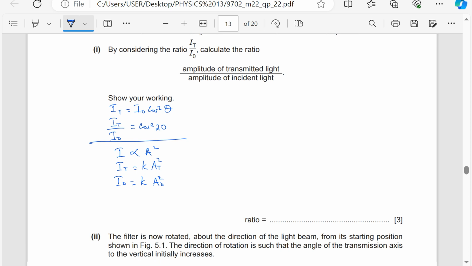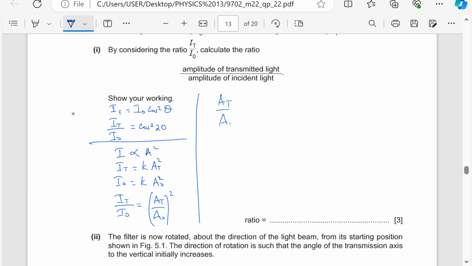I'm going to divide the two equations. So intensity transmitted over the incident intensity is equal to, K cancels out, AT over A naught, and the whole of this is squared. So I'm now going to combine the two equations. The amplitude transmitted over the incident amplitude, squared, is equal to cos squared of 20. So I will get the square root.